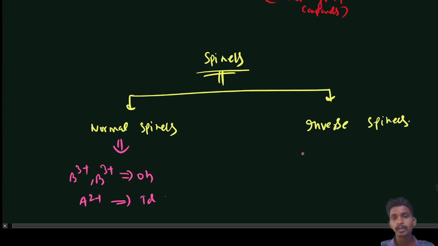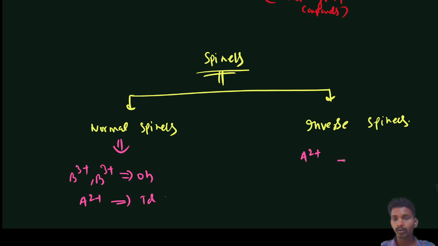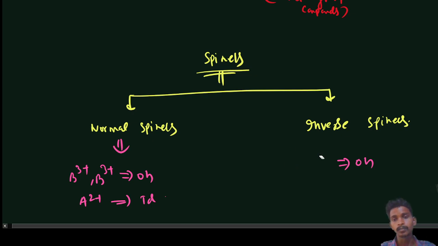And for the inverse spinel, A2+ has to come to the octahedral site, and since the octahedral site can fit 2, another B3+ also should come, that is A2+ and B3+ at octahedral sites, and one B3+ is left, which comes to the tetrahedral site.